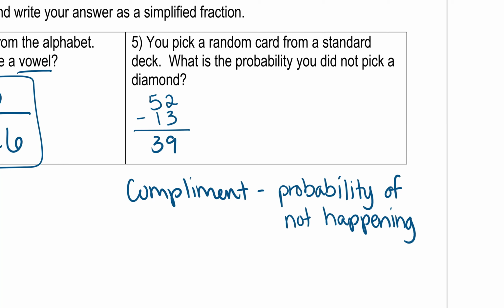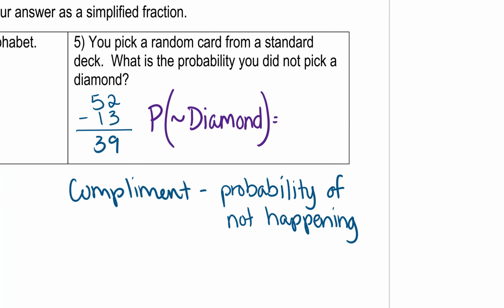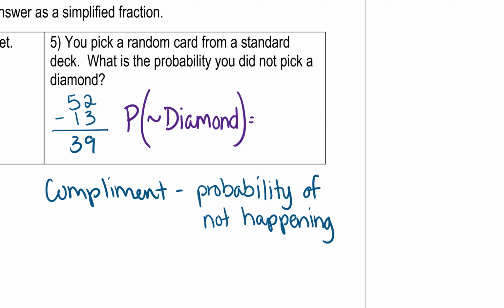So when I do this, I want the probability of not diamond. So if you want to write the P of not diamond, remember that from logic, that symbol means not. Okay. So the probability of not getting a diamond, I have 39 cards that are not diamond out of my sample space, which is 52 because I have 52 total cards in a deck.